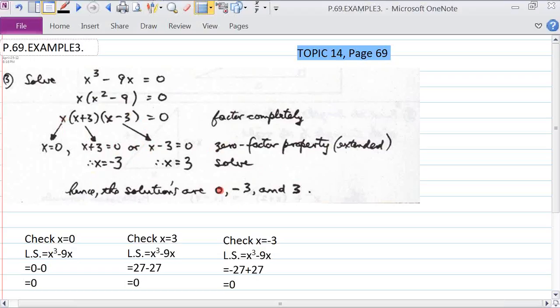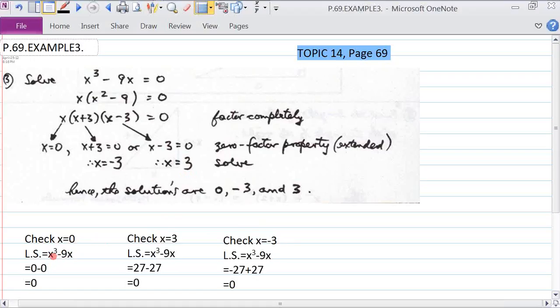So the solutions are 0, minus 3, and plus 3. If x plus 3 equals 0, then I transpose the plus 3 from the left to the right, and I get minus 3. If x minus 3 equals 0 and I transpose the minus 3 from the left to the right, I get plus 3.